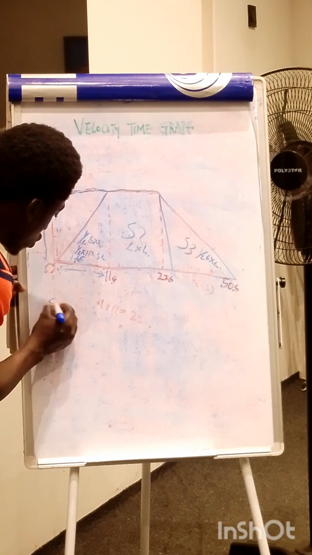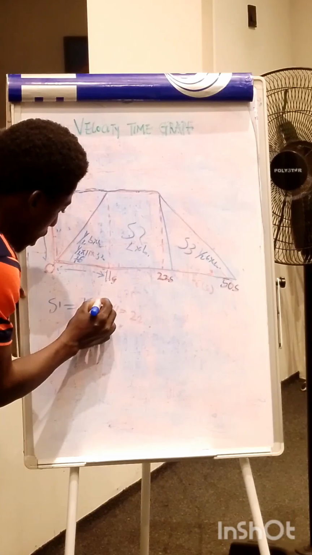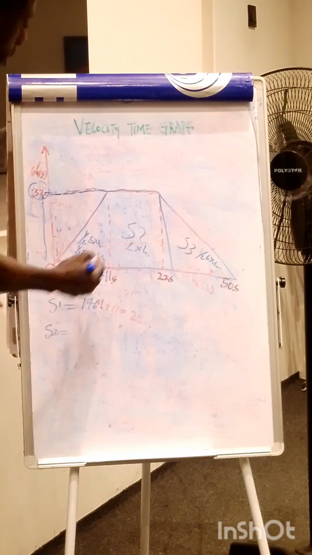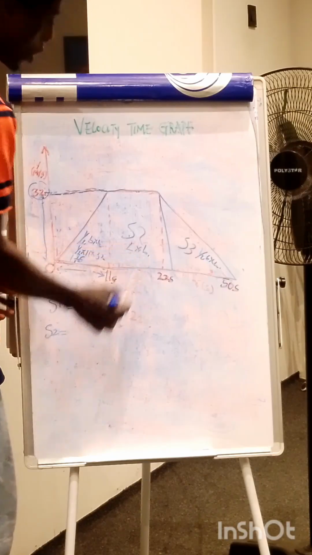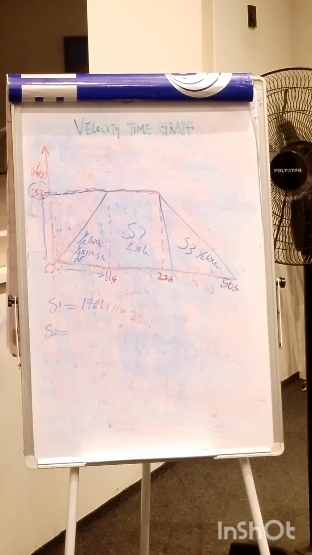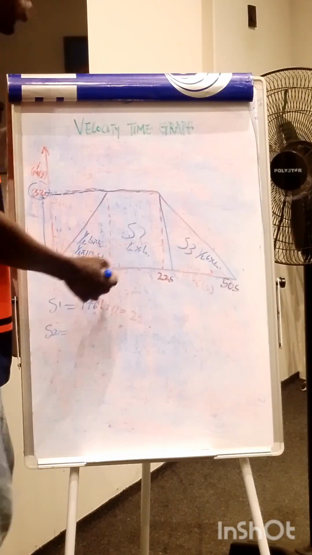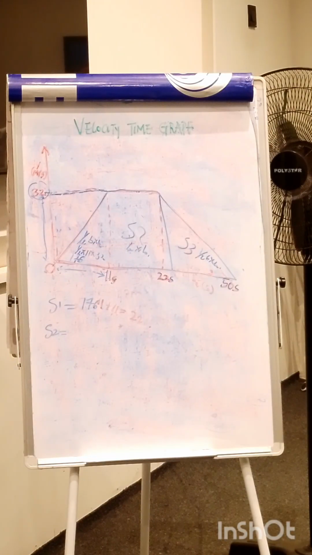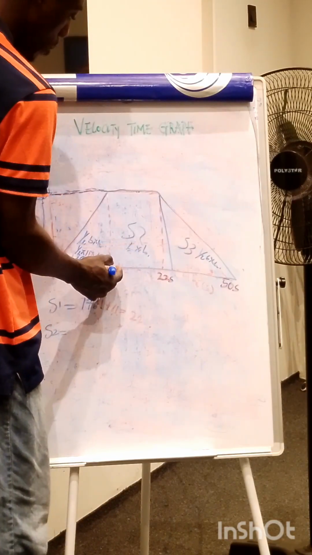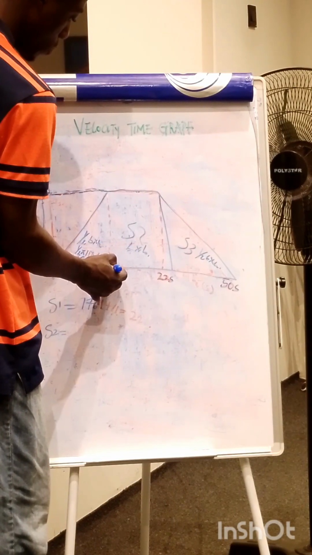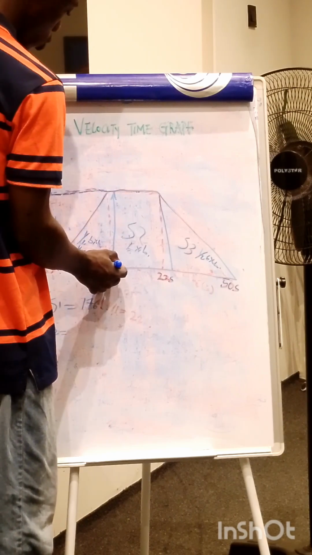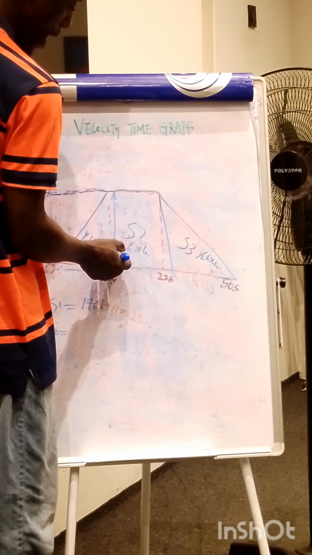So our S1 is 176. Now let's look for our S2. Our S2 is simply my length times breadth, and I told you what your length is. It's also like looking for your height. So if I'm looking for my height here, I will simply trace up to look for my length in this house.